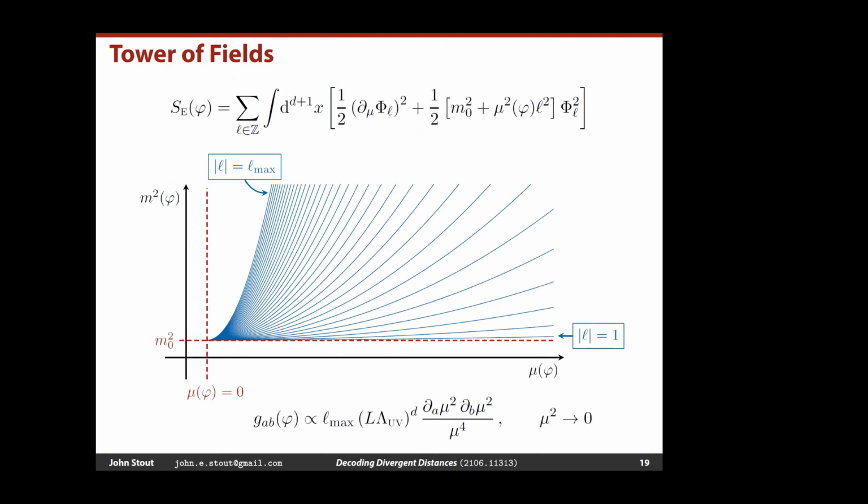If we study this quantum information metric in this tower of fields where I'm now playing with the mass spacing, allowing the masses to compress at a certain point in this parameter, then I find that the metric takes a fairly universal form.